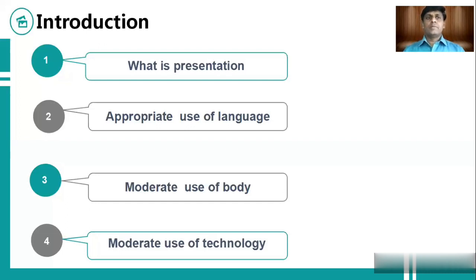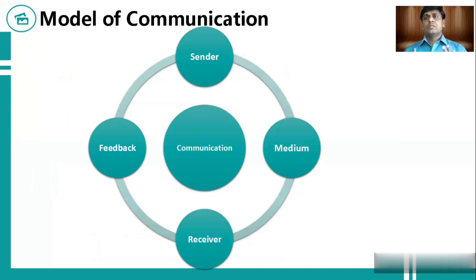Let me explain what is a model of communication. Why is it necessary to discuss the model of communication? Because presentation is a kind of communication, and without understanding the model of communication, we cannot present ourselves. Simply because we have to understand the role of sender.